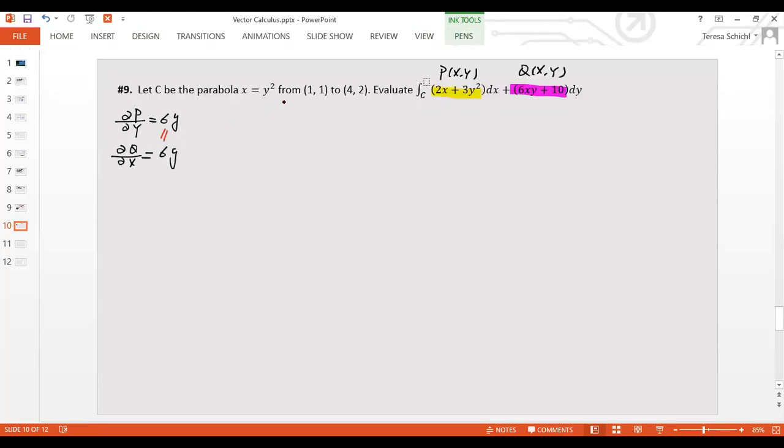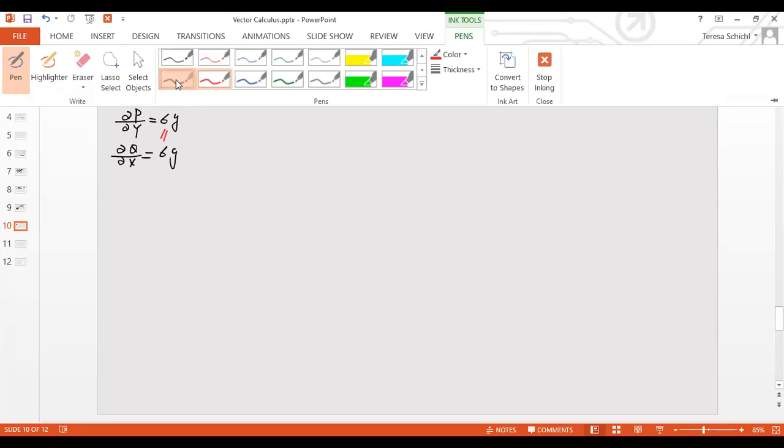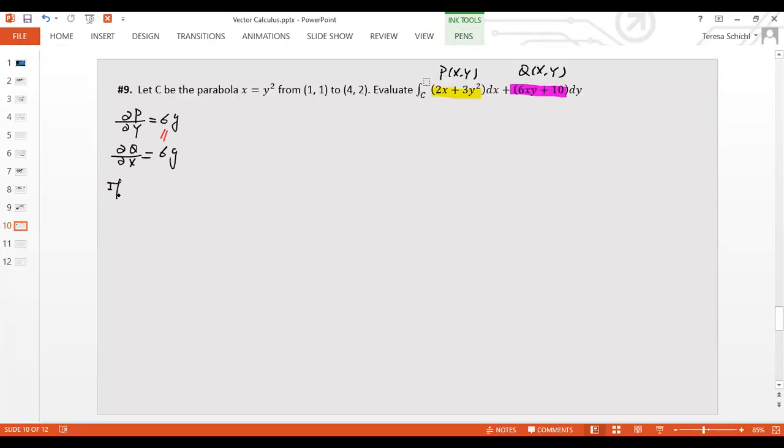So these two are equal. We know that the partial of P with respect to y is equal to the partial of Q with respect to x. What do I conclude here?